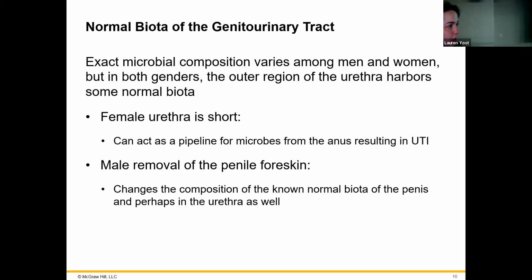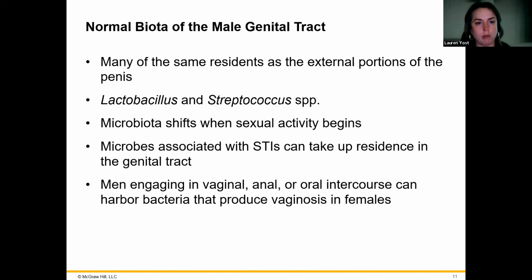Not necessarily massively or uncomfortably so, but just enough that it can make you more susceptible to infections in general. And that's the truth. It doesn't have anything to do with cleanliness. The guy could be perfectly hygienic in all ways. And of course, that would affect it if he wasn't. But even just not being circumcised can give you a more inflammatory biome, making you more susceptible to being sick from a lot of these diseases. So, anyways.